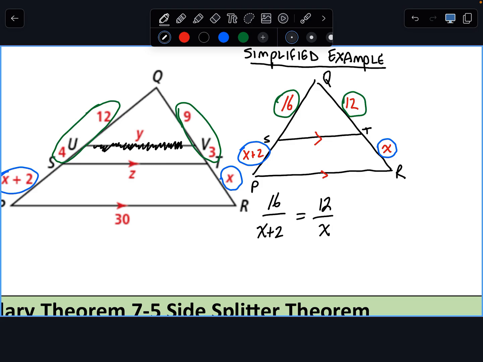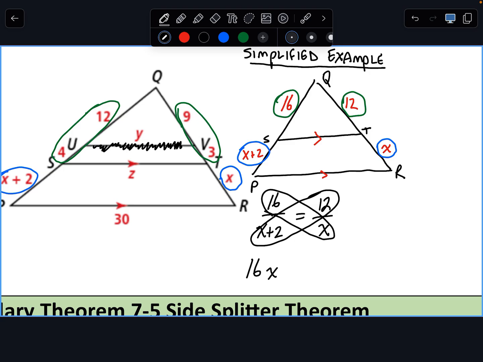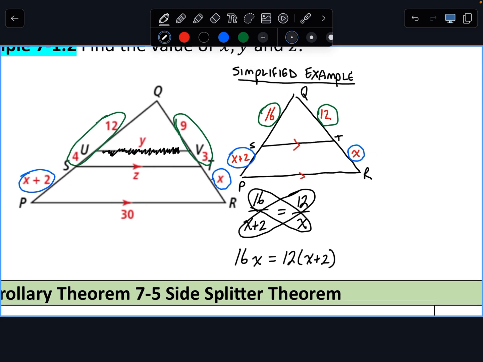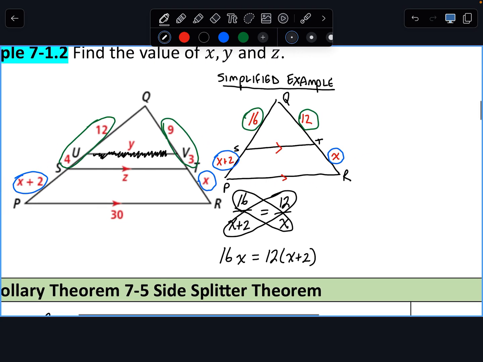As soon as I have my proportion set up, I can cross multiply and solve. So I get 16 times x equals 12 times x plus 2. Remember, the binomial has to go in parentheses so that I remember to distribute.